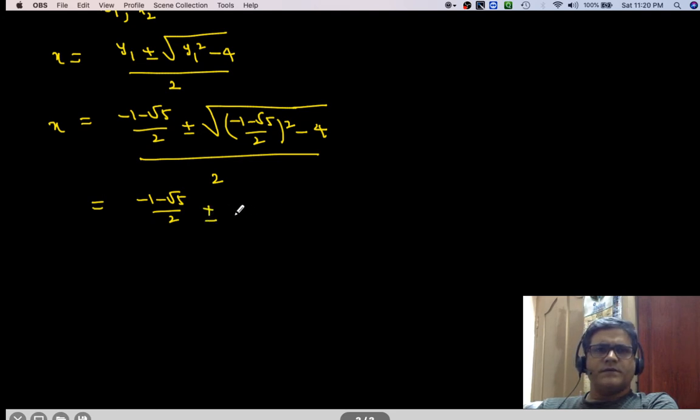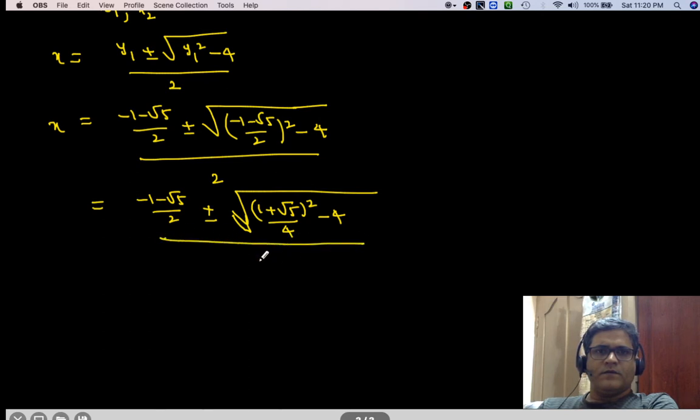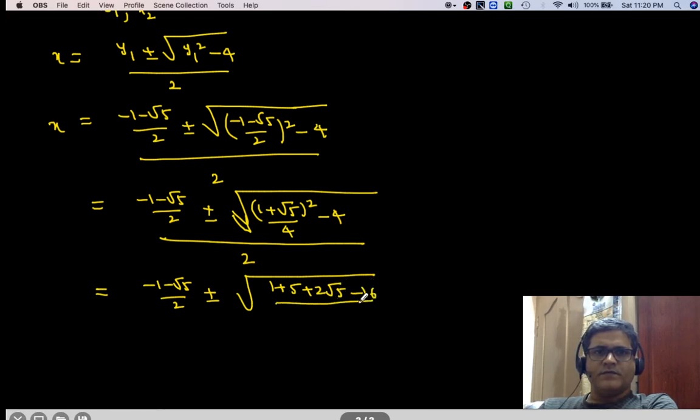If you expand this one, taking minus 1 out common, it becomes plus, therefore this is 1 plus root 5 whole square by 4 minus 4, over 2. This is equal to minus 1 minus root 5 by 2, plus or minus the square root of 1 plus 5 plus 2 root 5 minus 16 by 4, by 2.